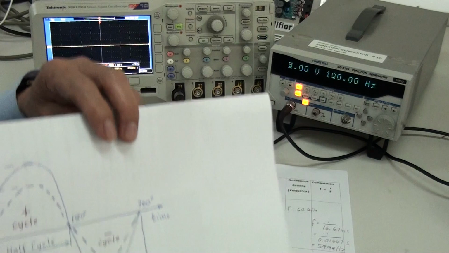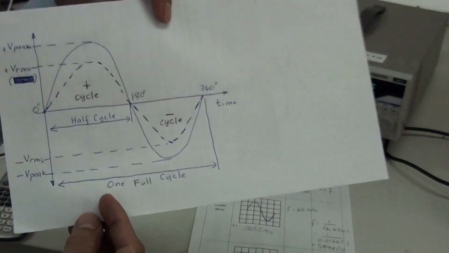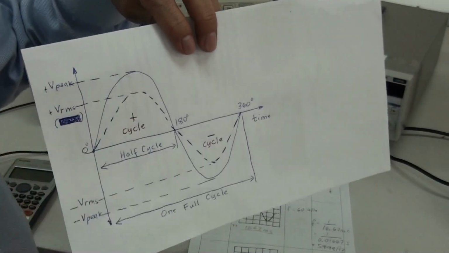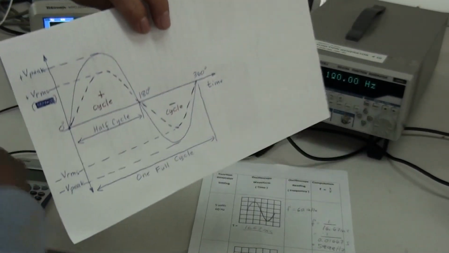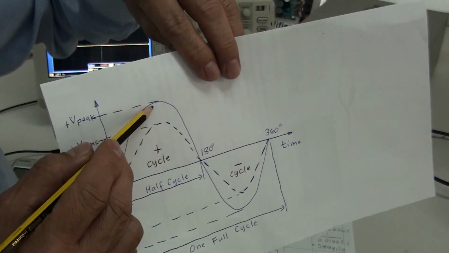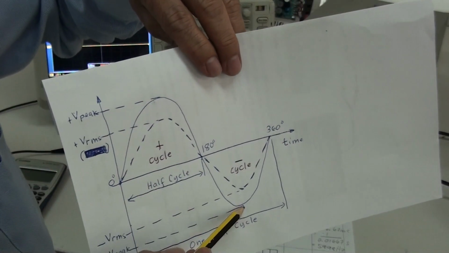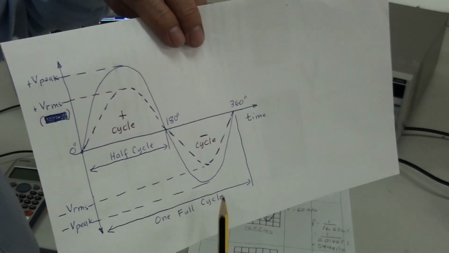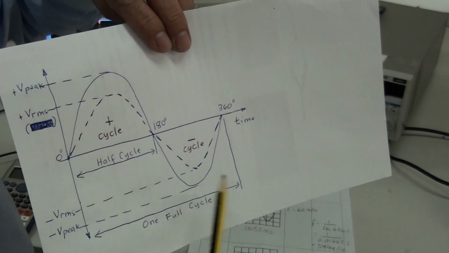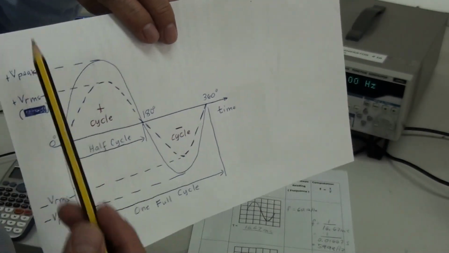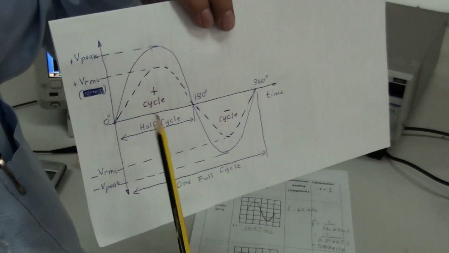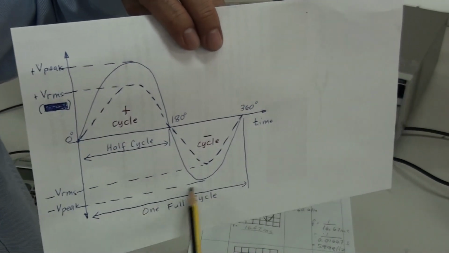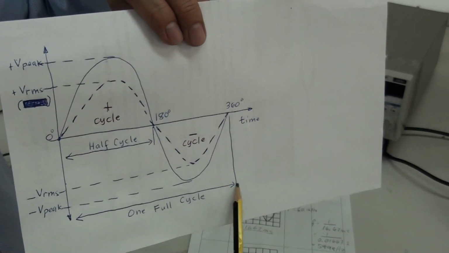But before that, again, let us review the parameters of a sine wave. Before we measure, this is the peak value, from this line up to this, that is peak. And from this up to this point is called peak to peak. These are the parameters that we measured in our last activity, but this time we are going to measure the time.